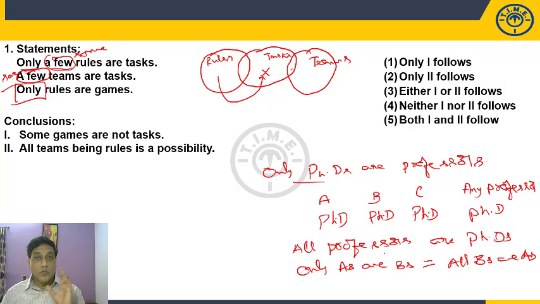Only PhDs are professors implies that all professors are PhDs. So only A's are B's means all B's are A's. But there is something more to it. Only PhDs are professors means no one else can be a professor. Similarly, only A's are B's implies that all the B's are A's, but apart from A, nothing else can be B. Only A should be B. Now look at this.